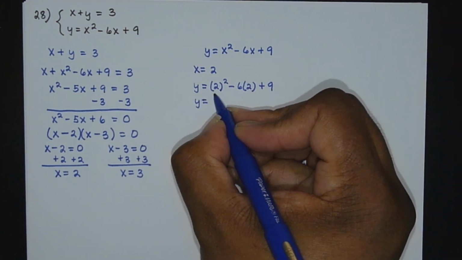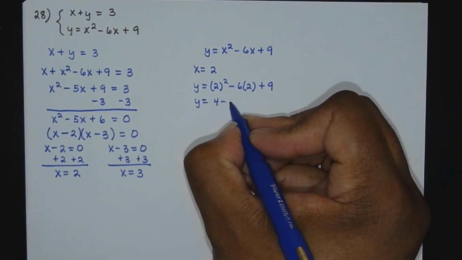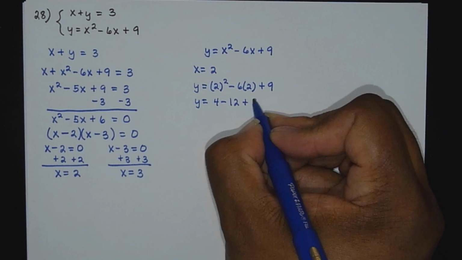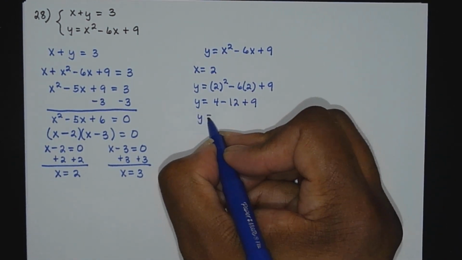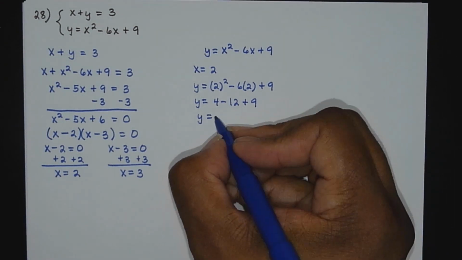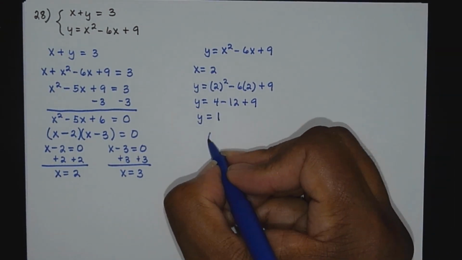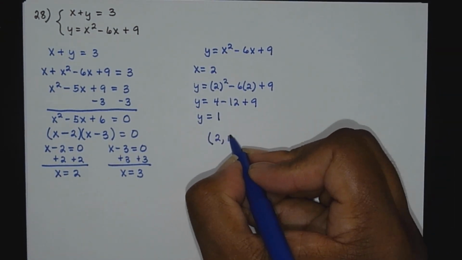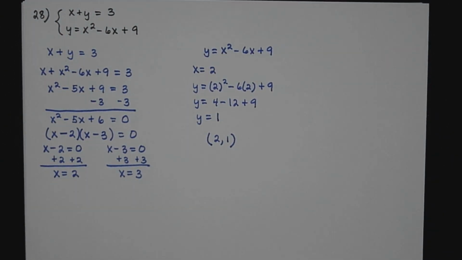So here y is equal to 2 squared will be 4 minus 6 times 2 will be 12 plus 9. Let's see, 4 minus 12, that's negative 8. Negative 8 plus 9 would be 1. So one ordered pair would be 2, 1.